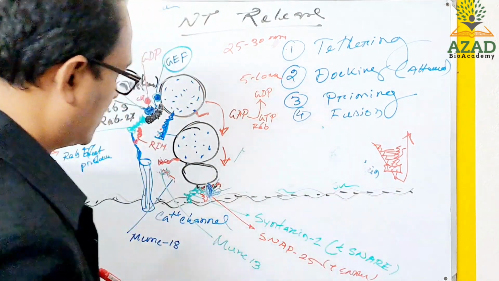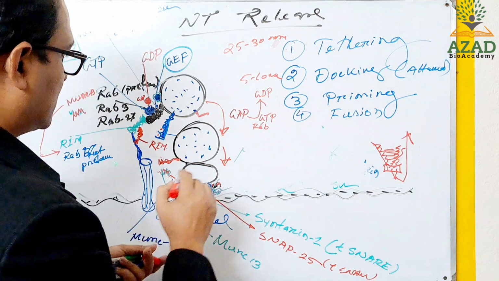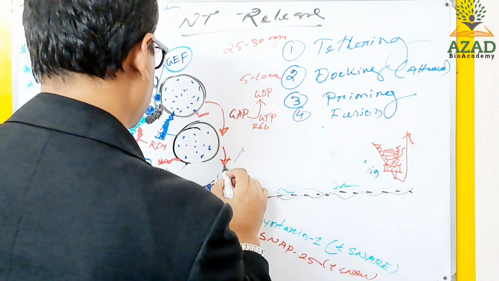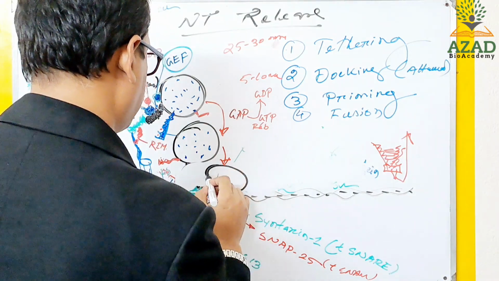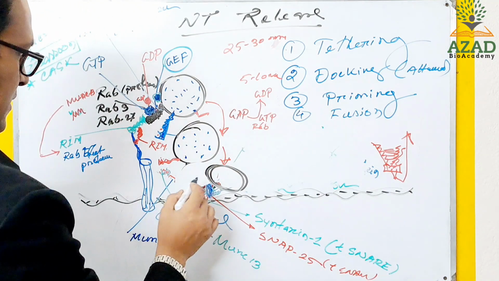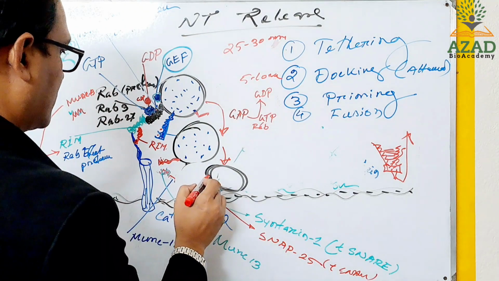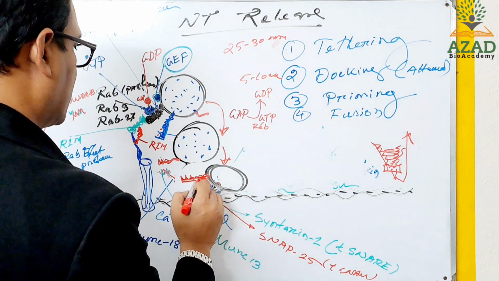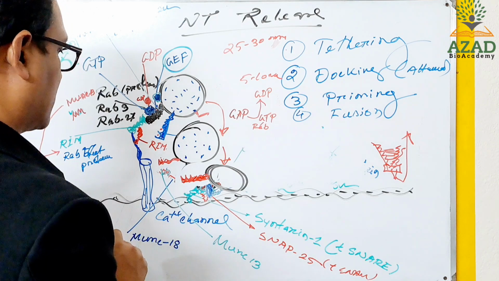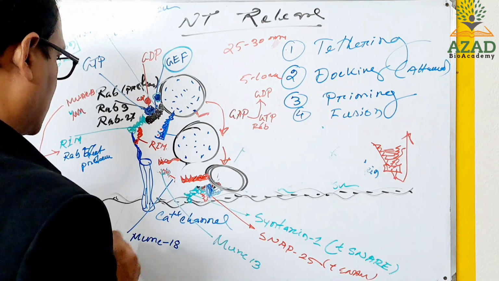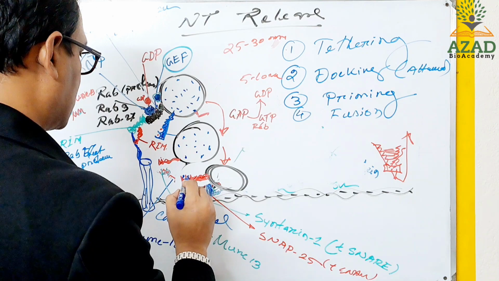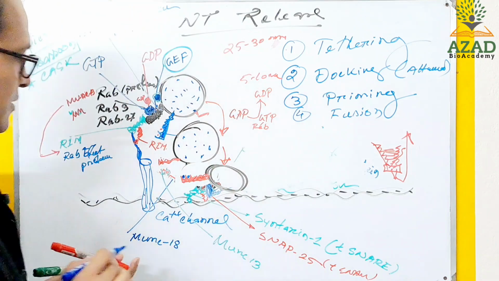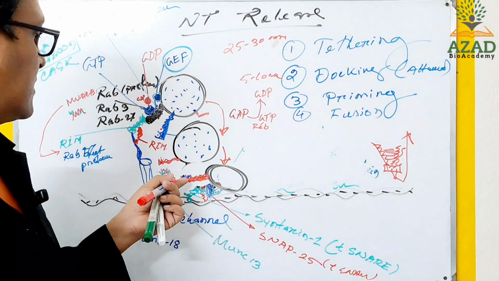I will displace this vesicle, like draw this vesicle here, and here it will already carry synaptotagmin, and two calcium binding domains, that one and this one, C2A and C2B. This is the calcium binding domain, and synaptotagmin is a calcium sensor protein.